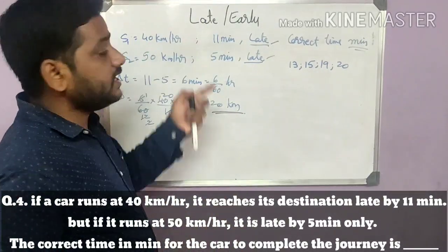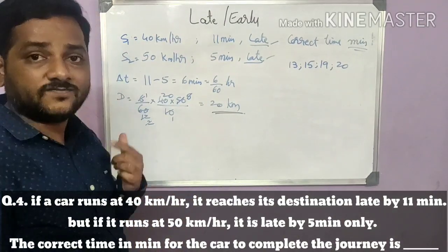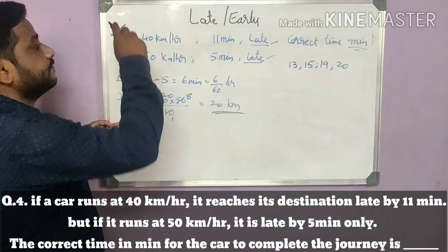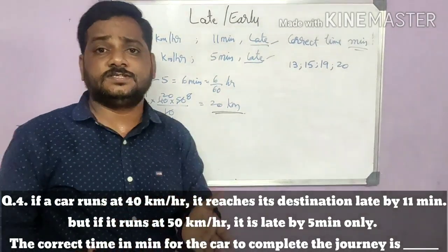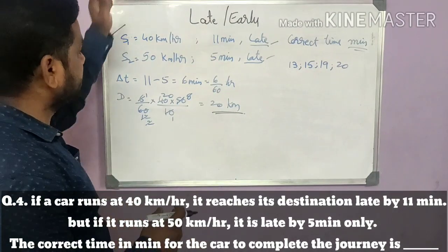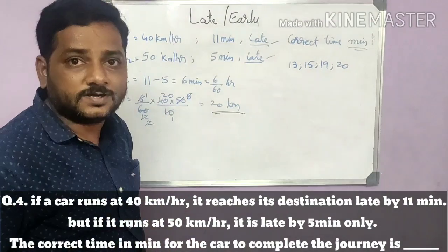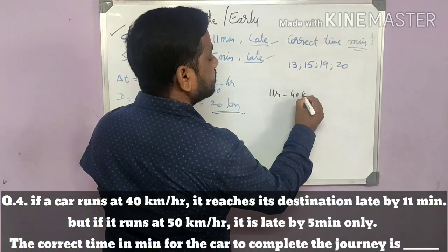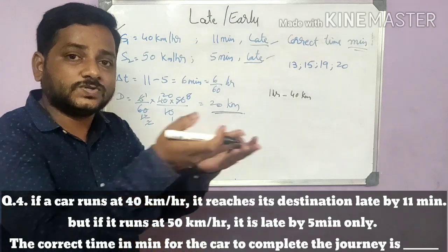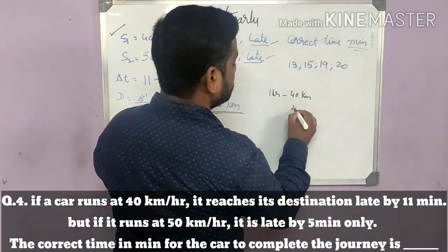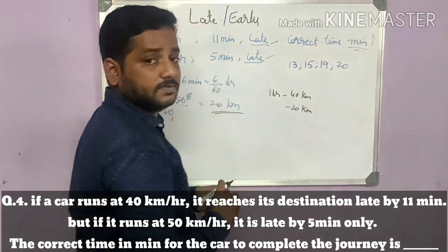Now the distance traveled is 20 kilometers. Now you can use any one of these statements and find the answer. Let us use the first statement. So the first statement says that the speed of the car is 40 km per hour. So in 1 hour, it travels 40 km. But the actual distance it has to cover is 20 km. So to reach this 20 km, how much time do we require?